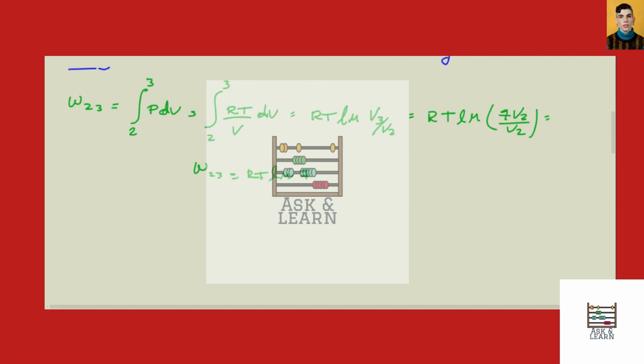And if we calculate this, we will find that the work 2-3 is 0.287, which is R, multiplied by the temperature 2100 times natural log of 7, and calculating this we find that the work is 1172.8 kilojoules per kilogram.